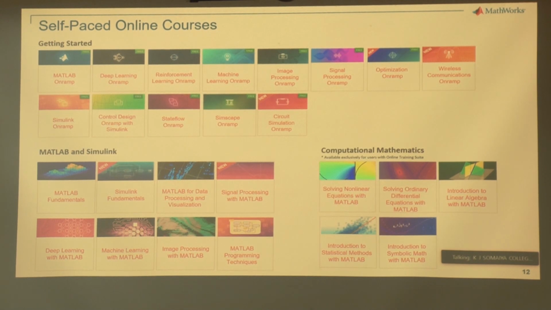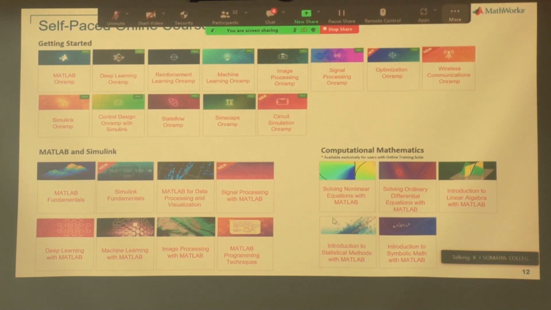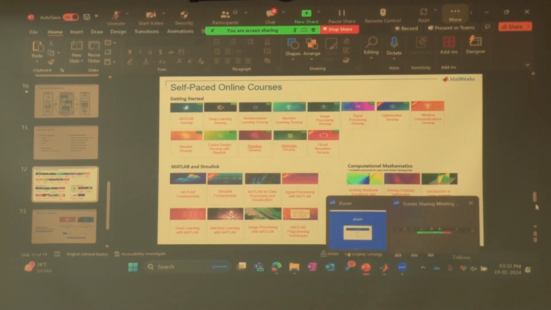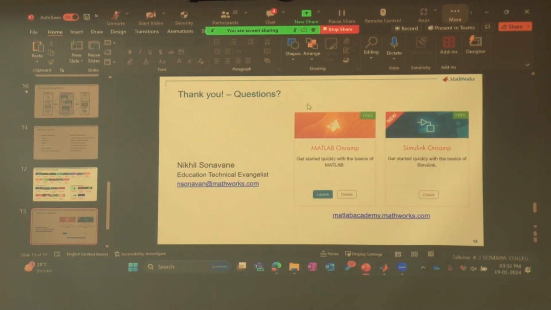But all other courses are a part of the online training suite, which you will have to purchase separately, or it is available to you on a complimentary basis if your institute is a part of a campus-wide license. So I'll just open that.